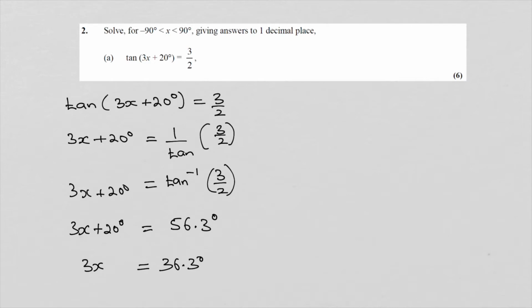We could use a CAST diagram to do that. So here's a CAST diagram. With a CAST diagram, C is for cos, A for all, S for sine, and T for tan.